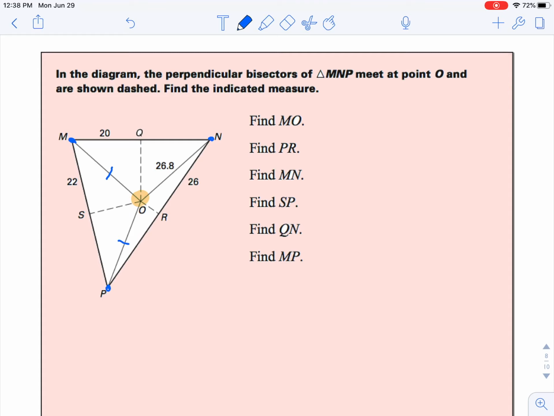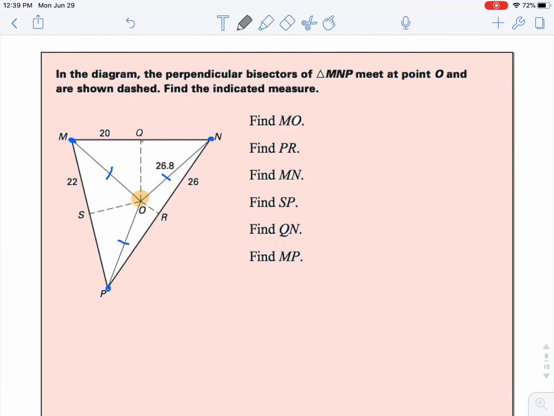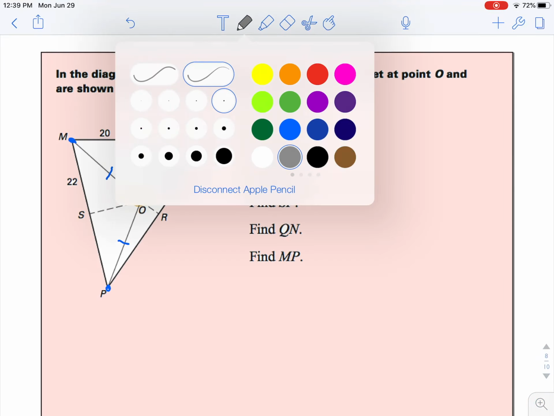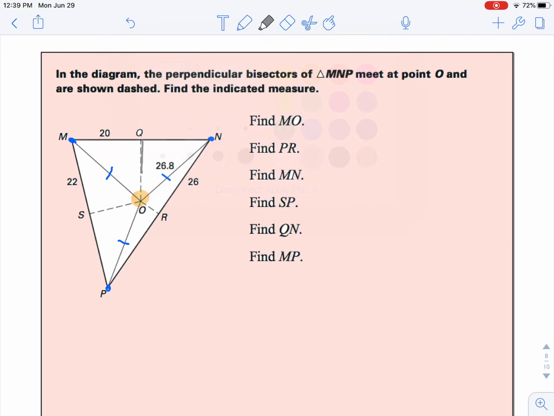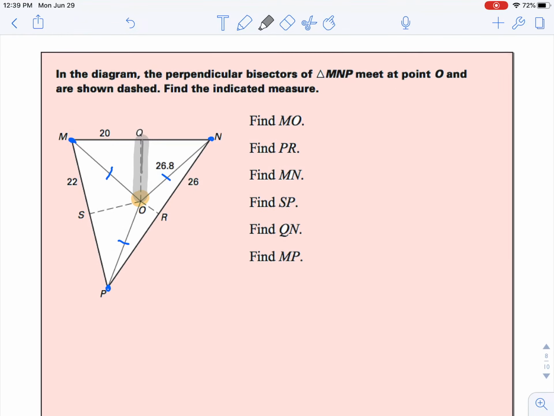So this segment right here is congruent to this segment, which is congruent to this segment. Because those dashed lines, for example like this one right here, what that tells you is that it's perpendicular and bisecting it. So remember that. So now let's see what we can find. I just tried to review some of those ideas.